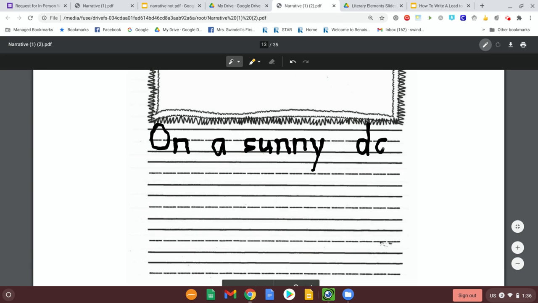So this tells when, and we're learning when and where for our lead. So I want to add on a sunny day at, I'm going to put at the pond.